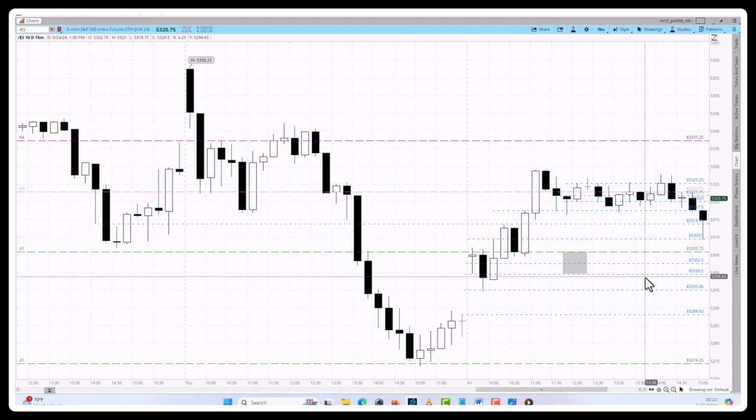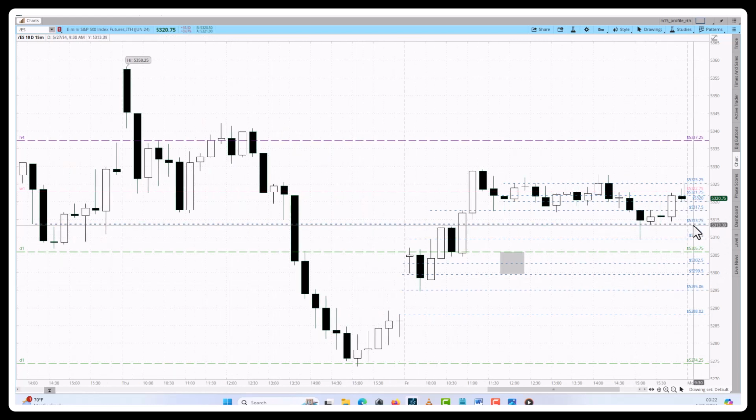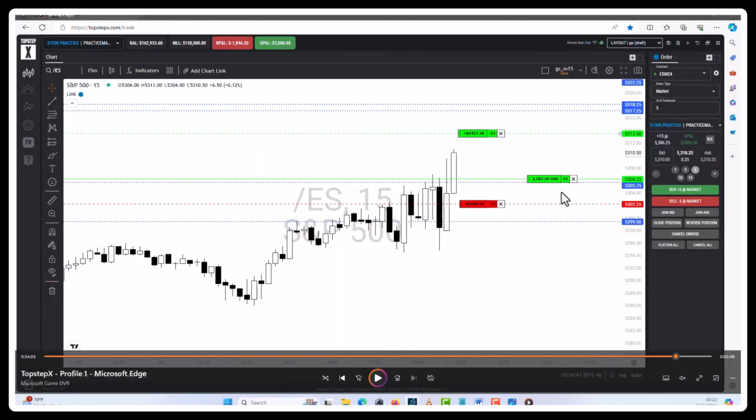You see that level is 50, 13, 75. That's the reason why we try to put our target just 1 pip below that, so it can hit 50. We put 1 pip so it can hit it and we don't miss it, because sometimes it does not hit exactly that level. So 1 pip below should be good enough.